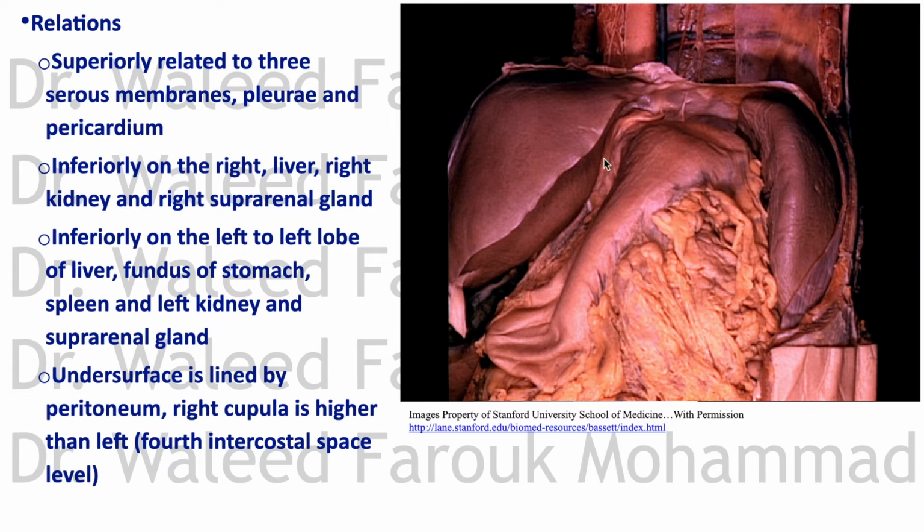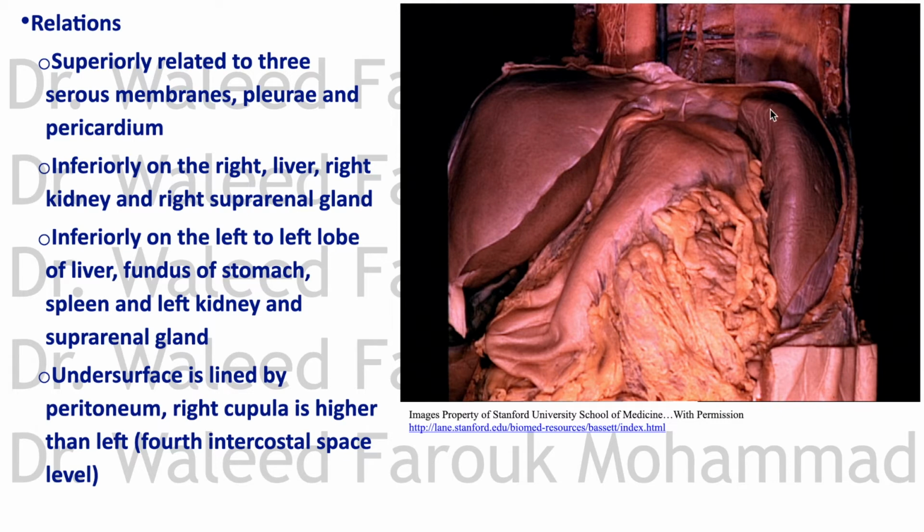So inferior and to the right, we have the liver and kidney with the subdiaphragmatic space, of course, in between. Part of it is between the diaphragm and the liver, and part of it between the diaphragm and the kidney backwards.